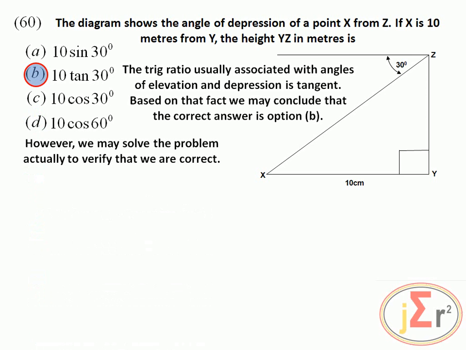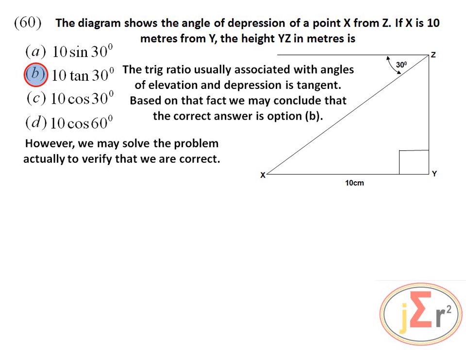However, we may solve the problem actually to verify that we are correct. And it is not safe to conclude that since we are talking about angles of elevation and depression, the trig ratio is tan. That is not a safe thing at all. It is not impossible to design a problem with angles of elevation and depression, yet still tangent is not the trig ratio that is applicable.